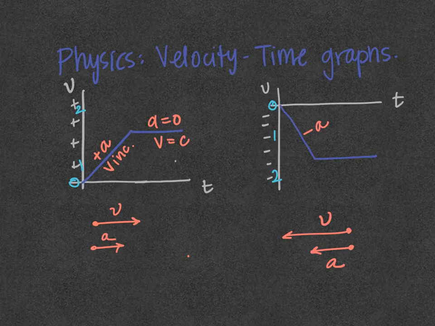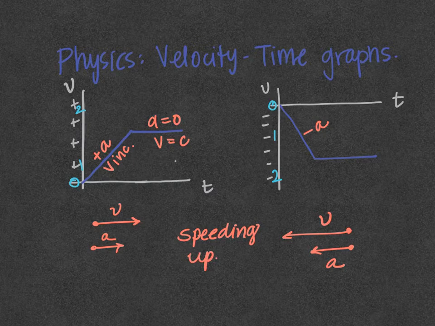So in both cases, when the arrows for velocity and acceleration are in the same direction, then we have a case where it is speeding up. So it's getting faster and faster. One is moving in the positive direction because it has a positive velocity. The other is moving in the negative direction because all of these velocities are negative. Let's take it a little further.